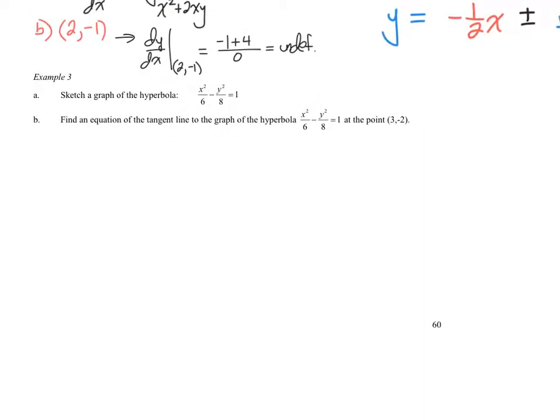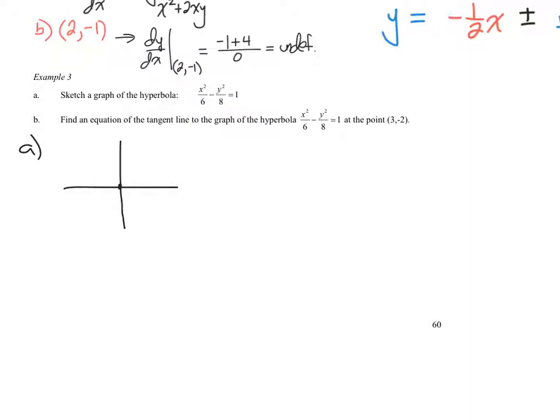Number 3, part A, sketch the graph of the hyperbola. You just need a rough estimate really. If you have a general sense of what a hyperbola looks like, then this graph is already pretty much completed. The center's at 0, 0.